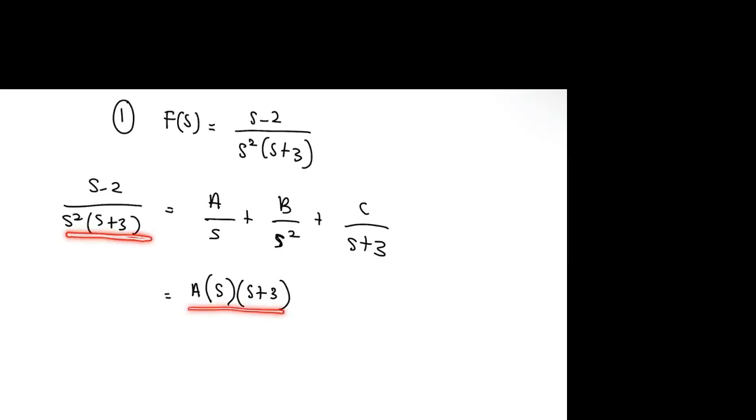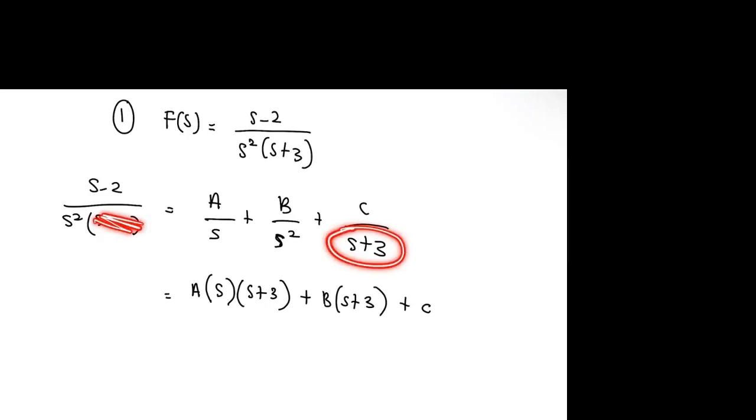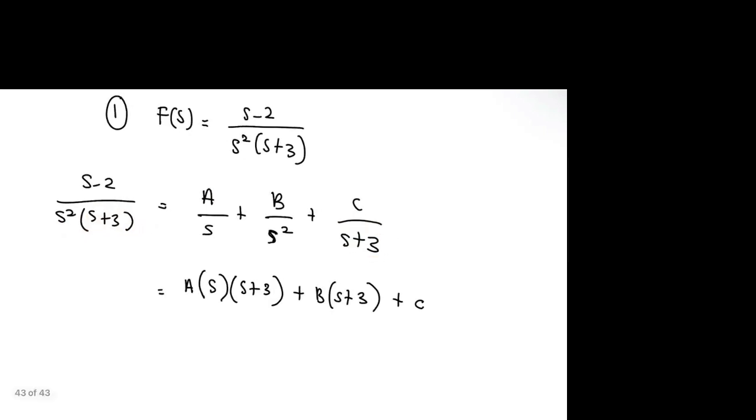Okay, check for B. B already has s squared, so B doesn't have s plus 3. So B must multiply with s plus 3. C already has s plus 3, so that means C multiplies s squared.